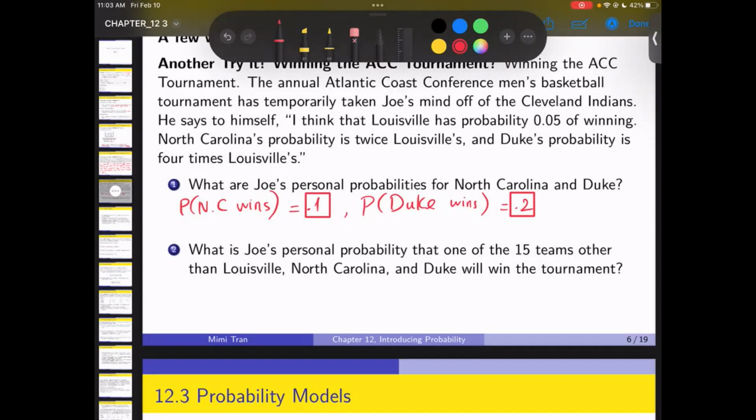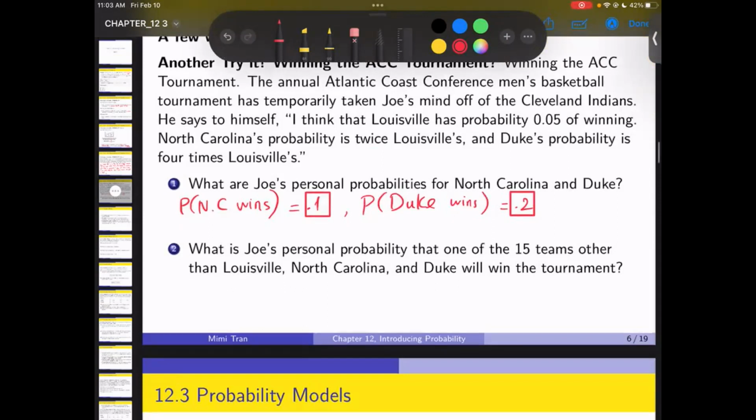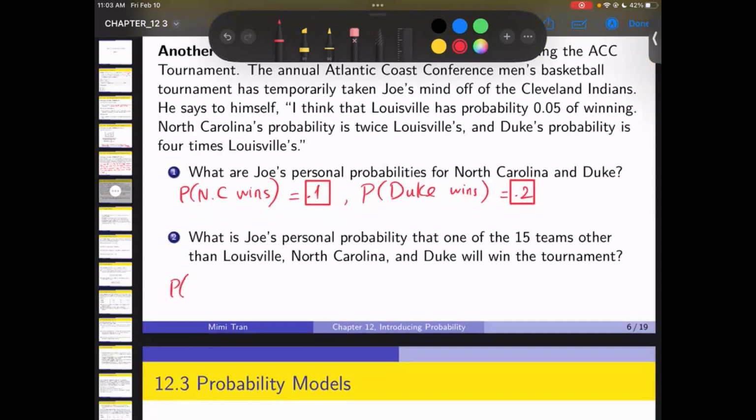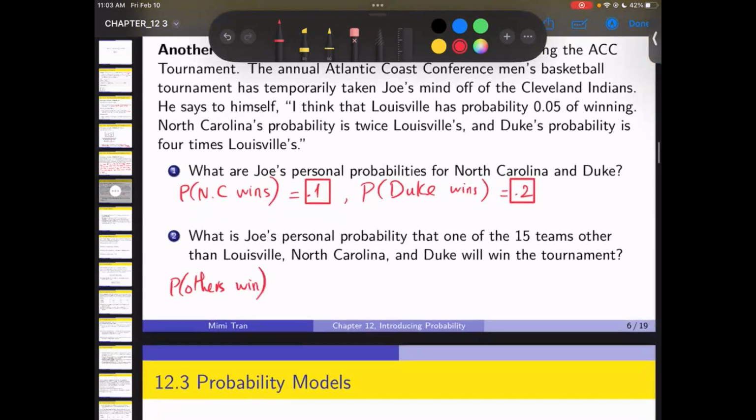What is Joe's personal probability that one of the 15 teams other than Louisville, North Carolina, and Duke will win the tournament? Probability of others win. What is the maximum for probability? 1, right? So the leftover probability for others win will be 1 minus those 3 teams.